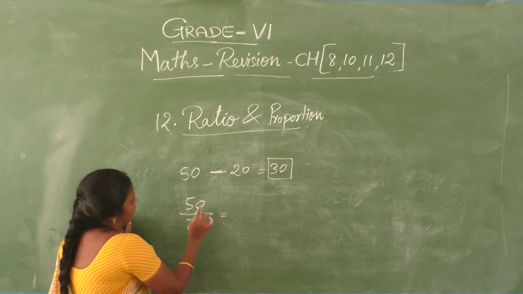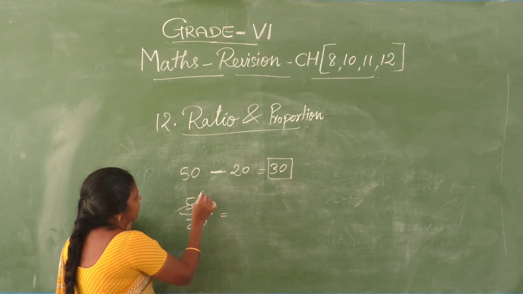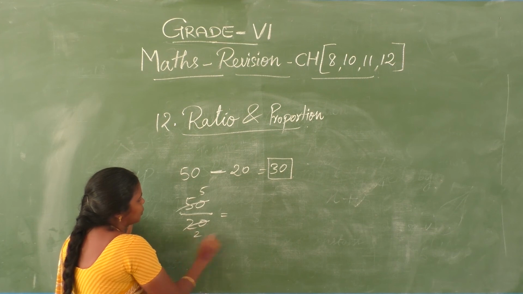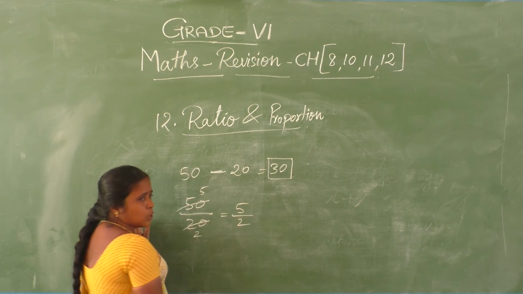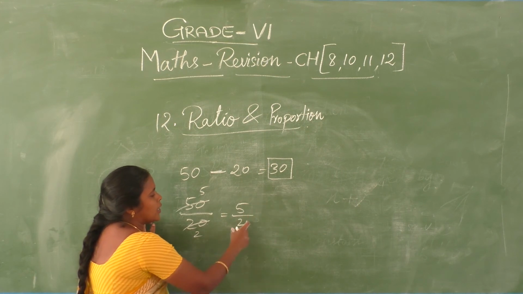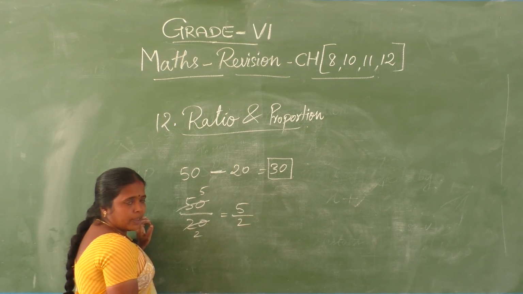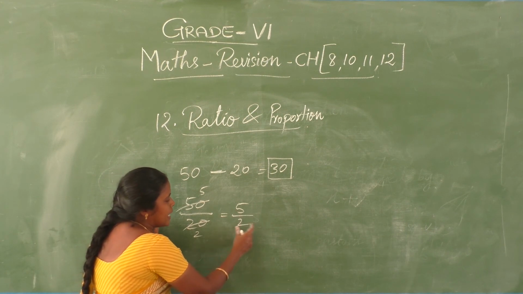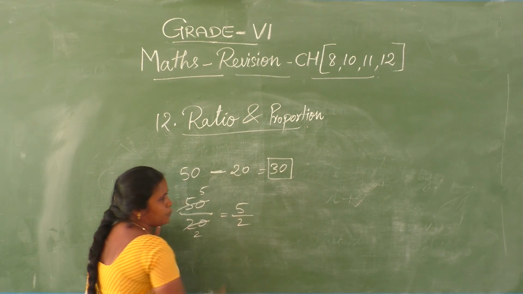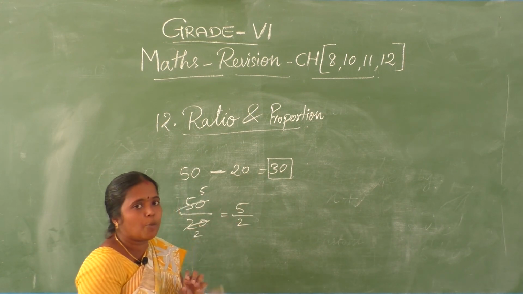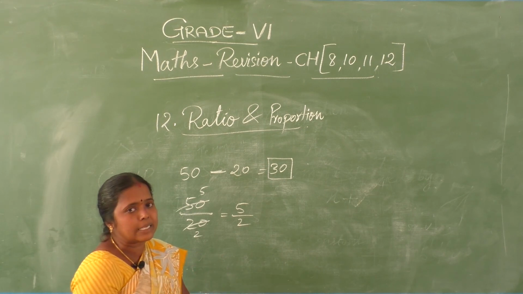See, in the table of 10, 5 tens are 50, 2 tens are 20. So 5 by 2. For example, Ravi has 5 rupees, Raju has 2 rupees. Like that we can tell, comparing them, he has 2 parts, he has 5 parts. Like that, using parts and the number of times, we can represent it.